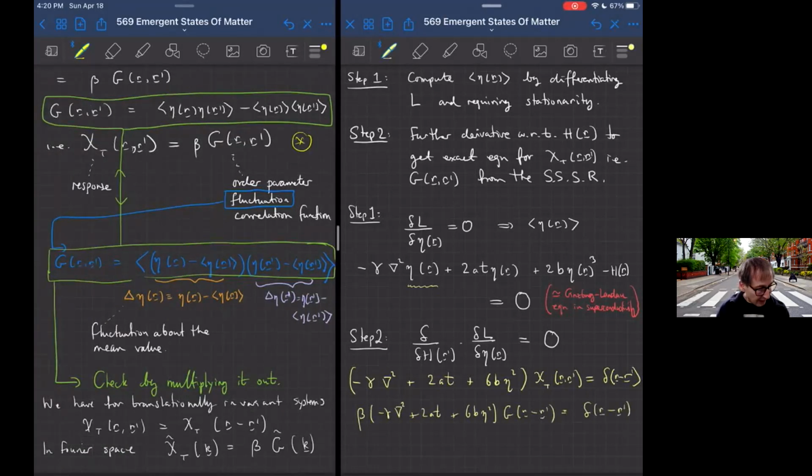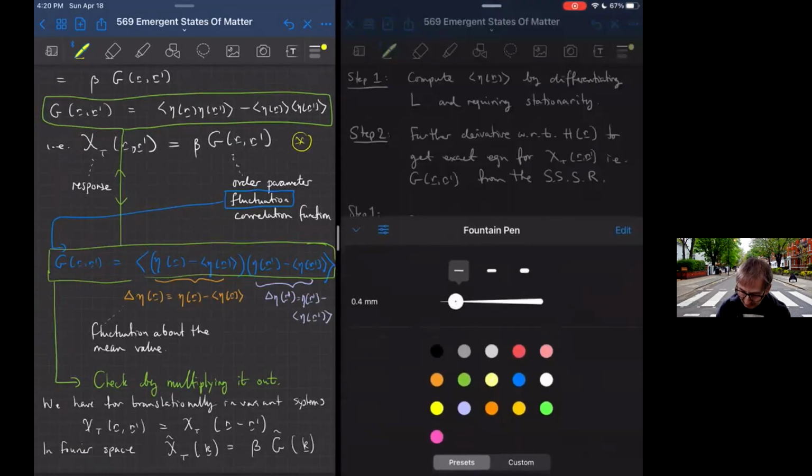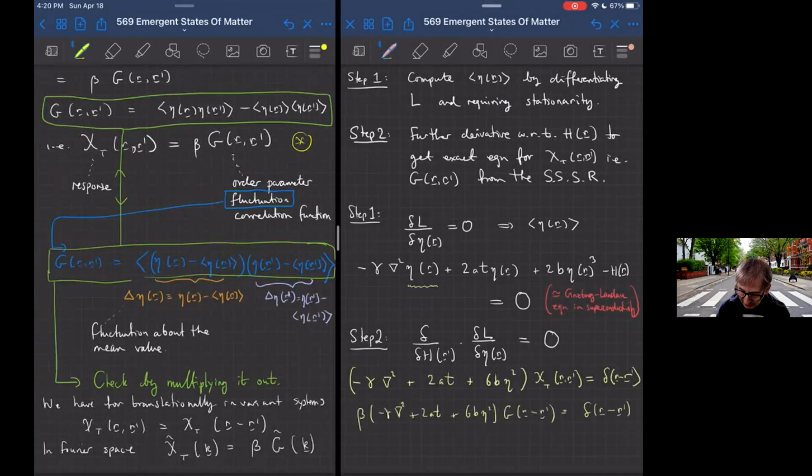And so you can see that there's another terminology that you've surely heard, which is that the correlation function is a Green's function. Because it satisfies some operator acting on it is equal to a delta function.